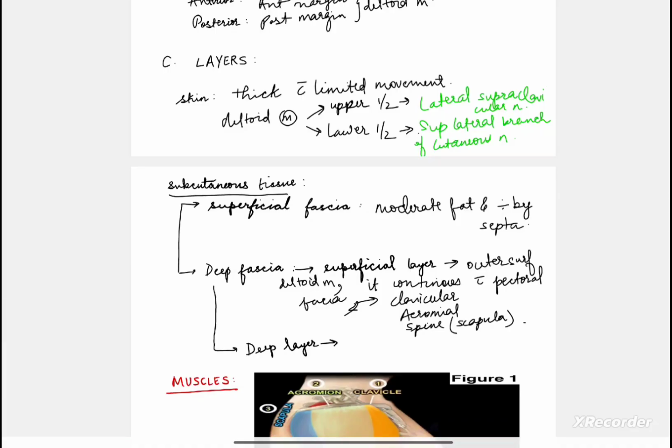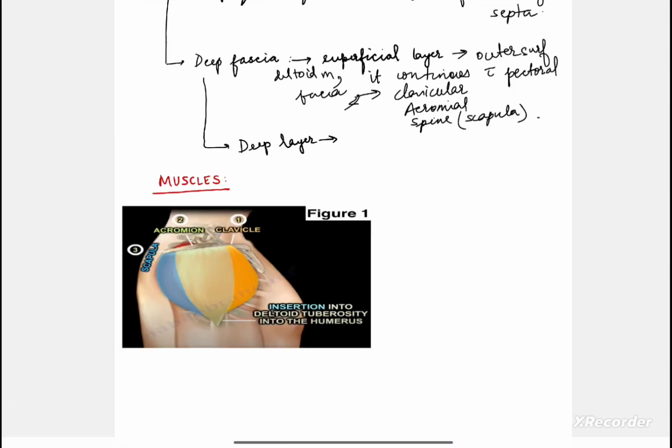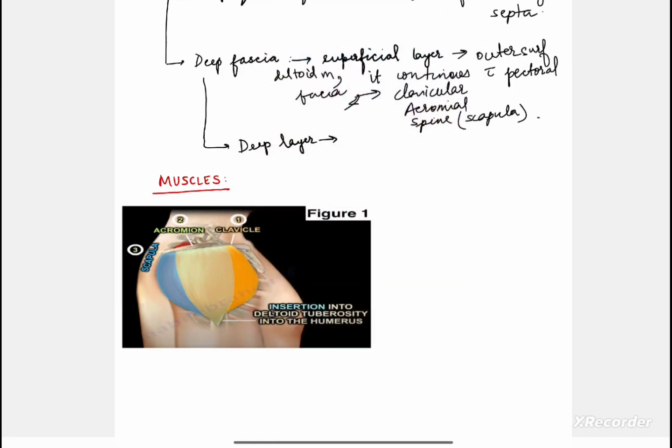Now in this deep layer, there is the deltoid nerve, and this deep layer continues with the fascia covering the triceps brachii muscle behind.